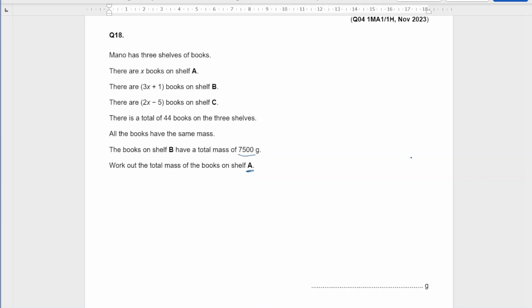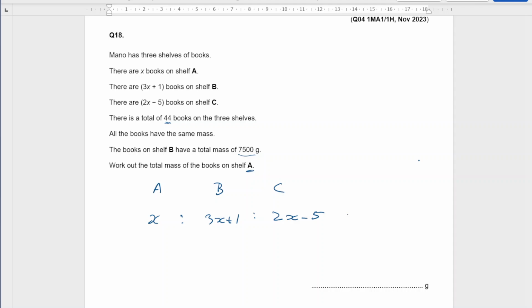Okay, so we've got A, B, and C. We've got x, 3x plus 1, and 2x minus 5. And we know that in total there are 44, so they would add up to 44.